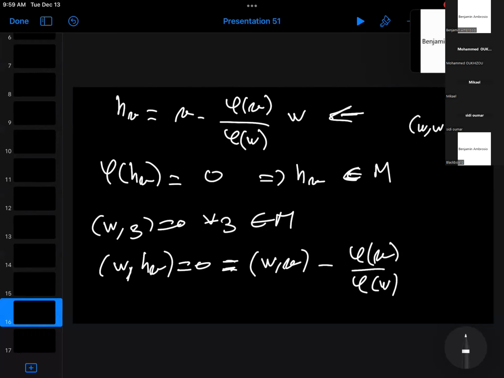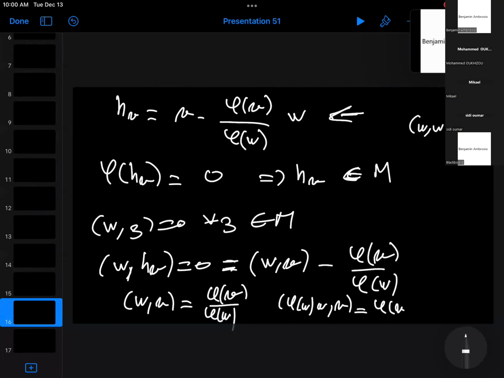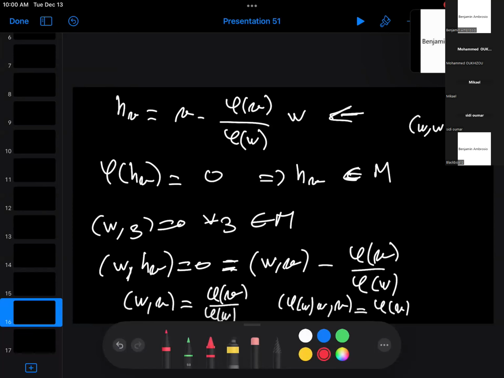All right, so finally, what do I get? I get that for all V in H, the scalar product of W and V equals phi of V divided by phi of W. So putting phi W on the other side, I get that the scalar product of phi W times W with V equals phi of V. So I just need to put that U, and the proof is complete.